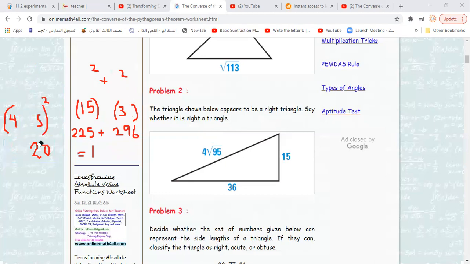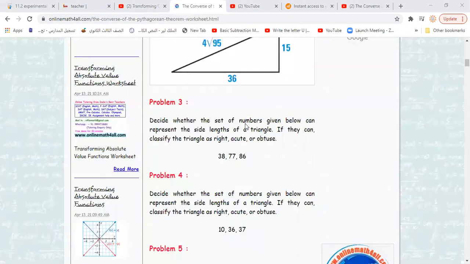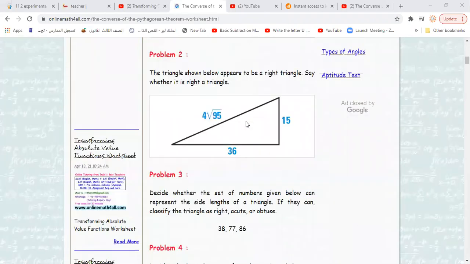Okay, let's take another question. In this question, it's your turn now. Please try to find the answer. Decide whether the set of numbers given below can represent the side lengths of a triangle.